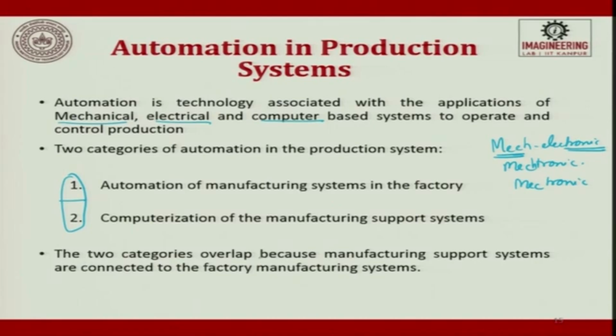The two categories overlap because manufacturing support system are connected to manufacturing system. So, this is connected with this. So, this is within the factory, and this is factory and rest of the world, where customers are there, money is there, energy is there, all those things put together.